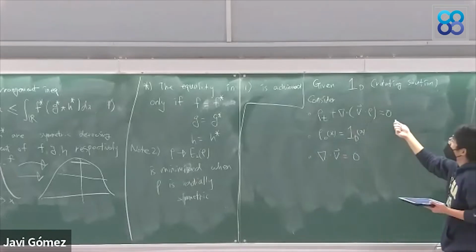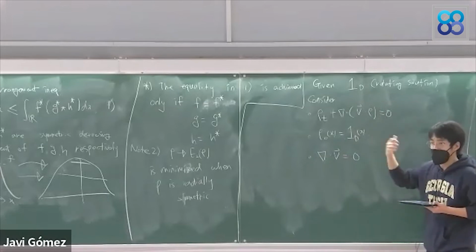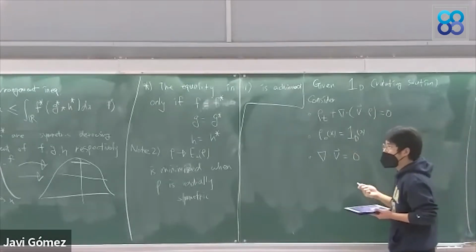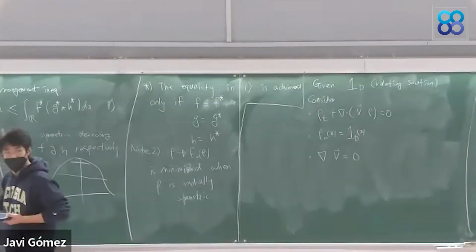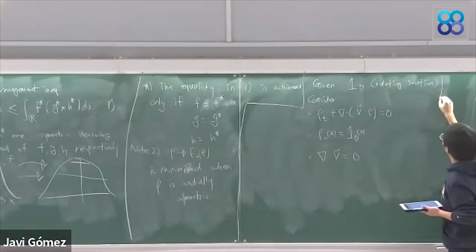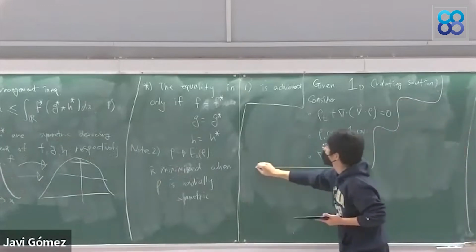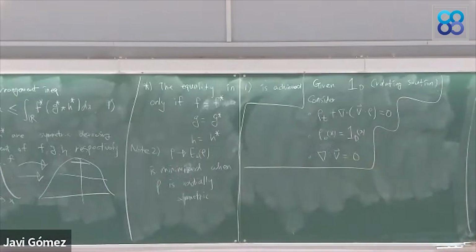So as time goes on, if you run this equation, then your patch changes its shape. And then we look at how this functional changes in time. Okay, so that's the variational argument. All we need is just the divergence free condition for v.